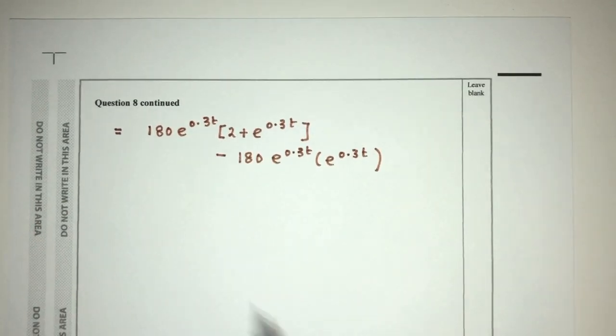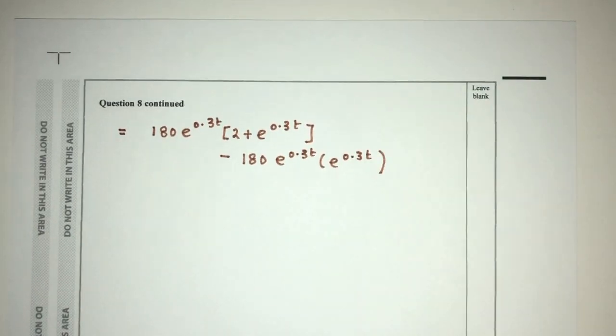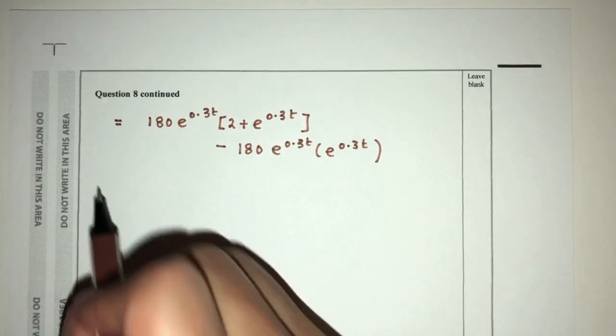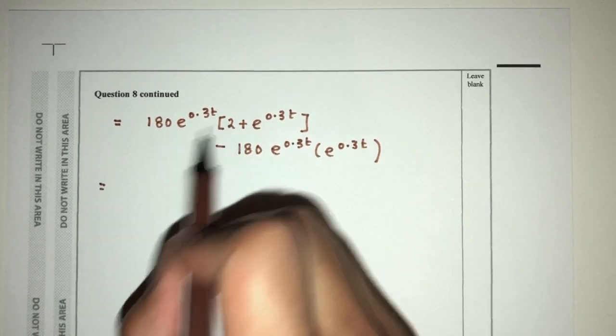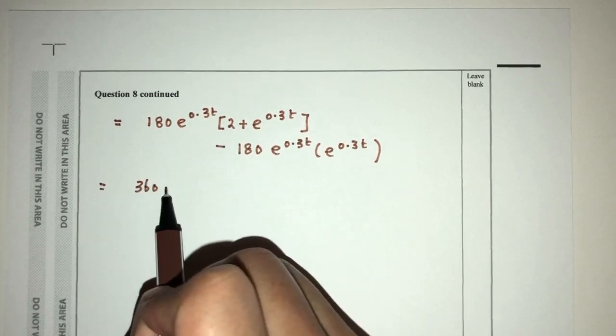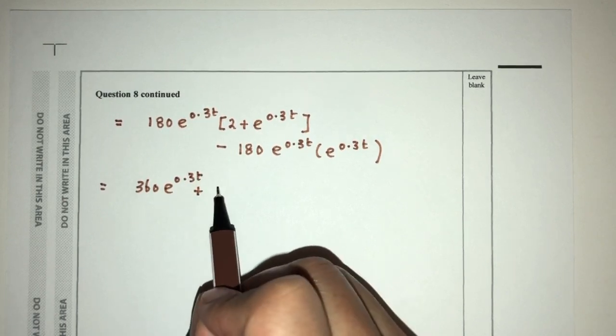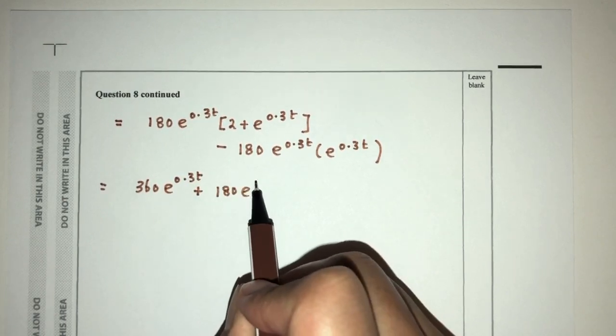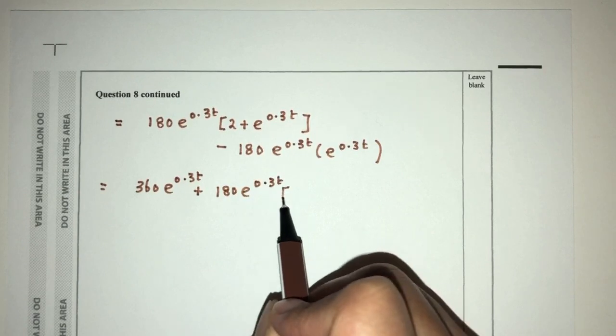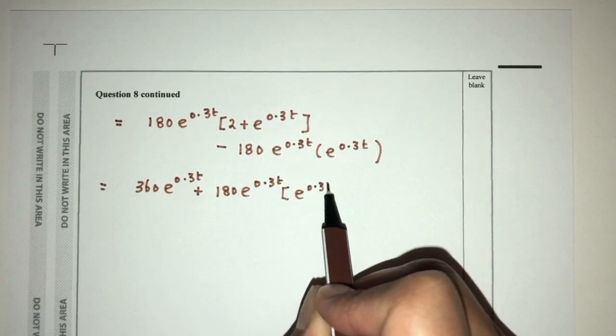Now everything will be divided by the same thing. But let's first try to simplify the top value, then we can look after the denominator. So what happens here? 2 times this will be 360 exponential 0.3t plus 180 exponential 0.3t times exponential 0.3t.